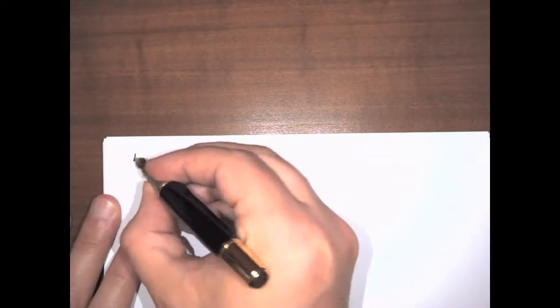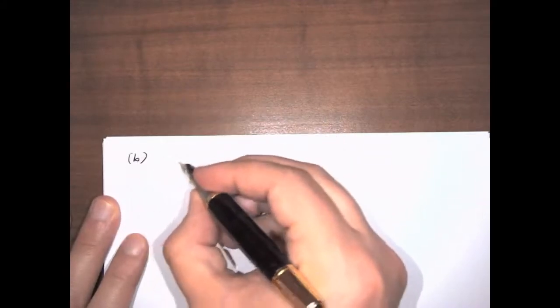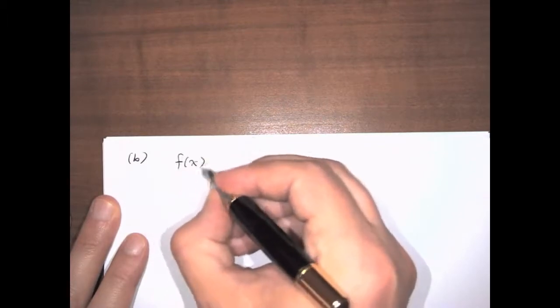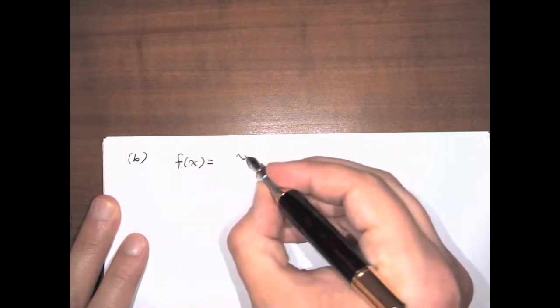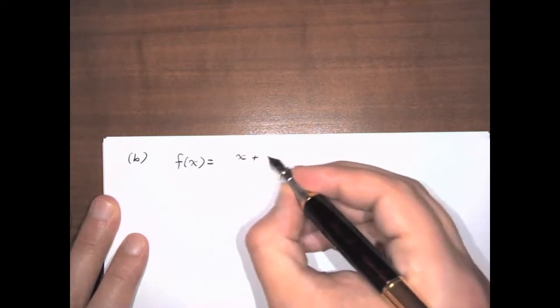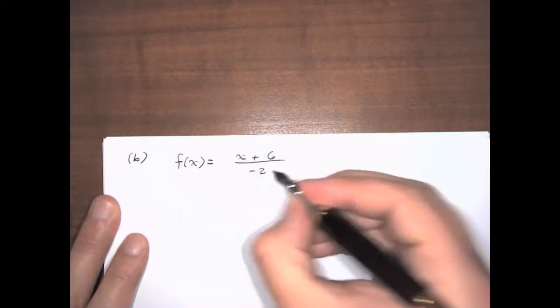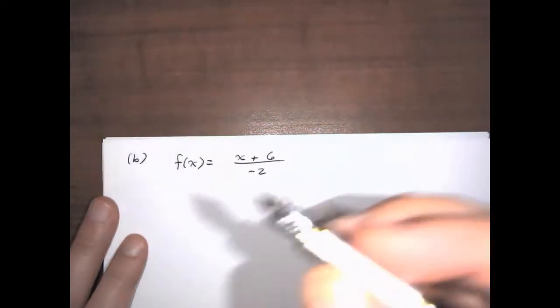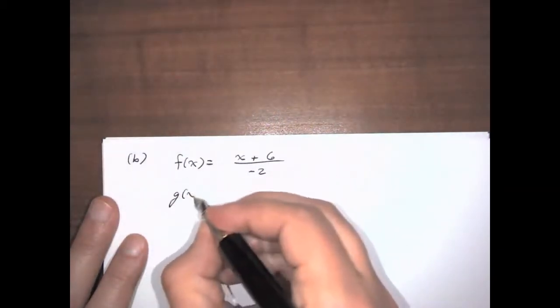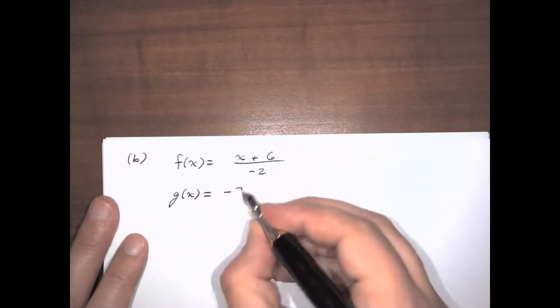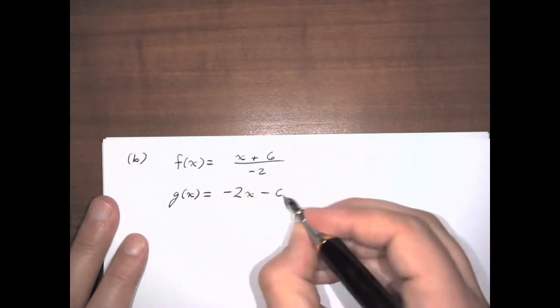Now let's try this again, and let's try it with something like this. So let's say f of x is equal to x plus 6 divided by negative 2, and let's say g of x is equal to negative 2x minus 6.